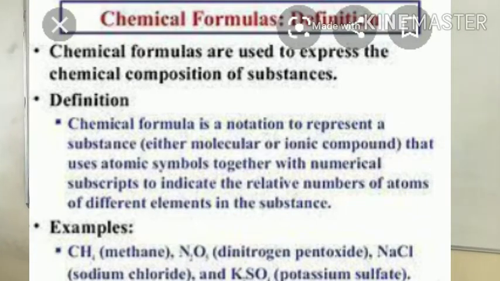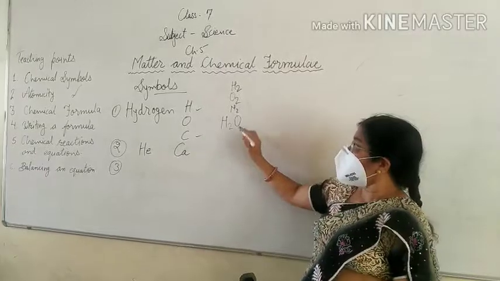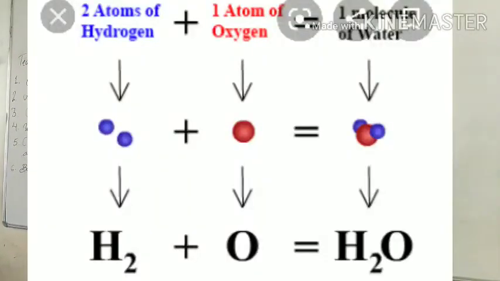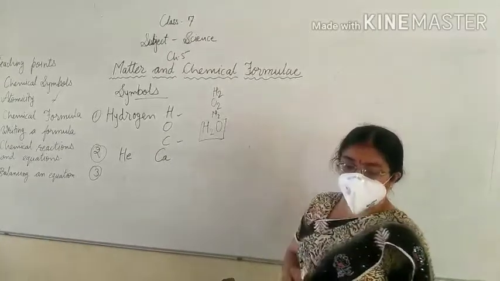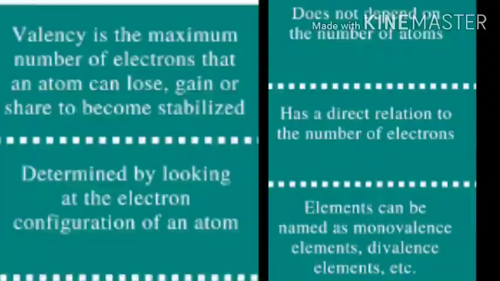Here, two hydrogen atoms combine with one atom of oxygen, and they form one molecule of water. This is H2O. Here 2 is written as a subscript. It shows that two hydrogen atoms are there and one oxygen atom combines to form the water molecule.